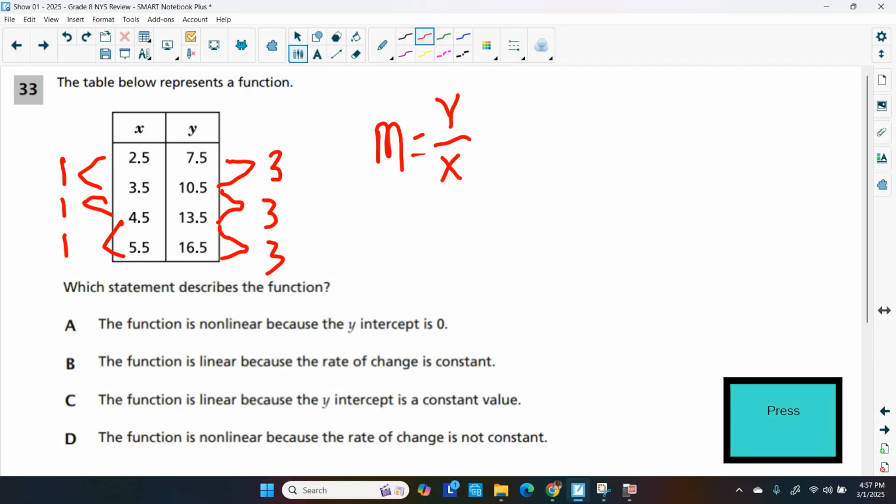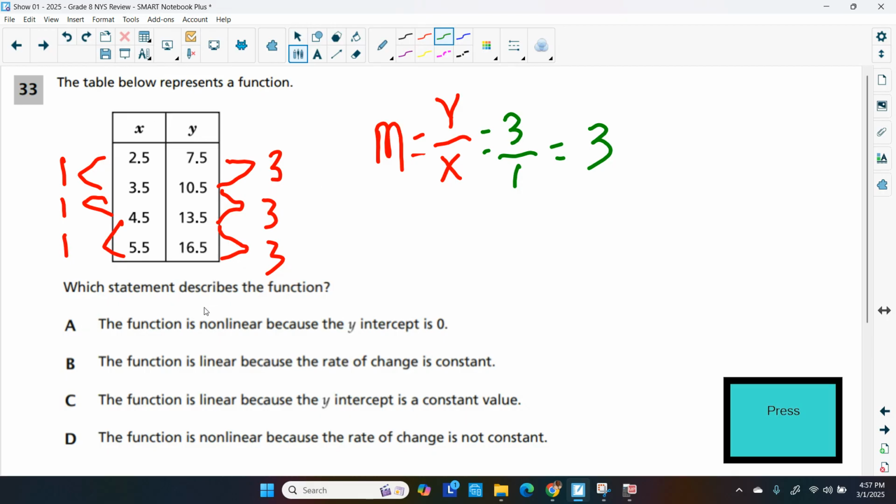Or you can say, 7th grade, constant of proportionality. So we have 3, which was the y that was consistent, and for the x, the consistent number was 1. So we have 3 over 1, our slope is 3.